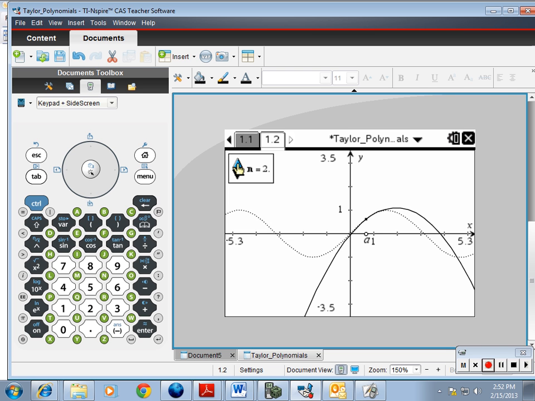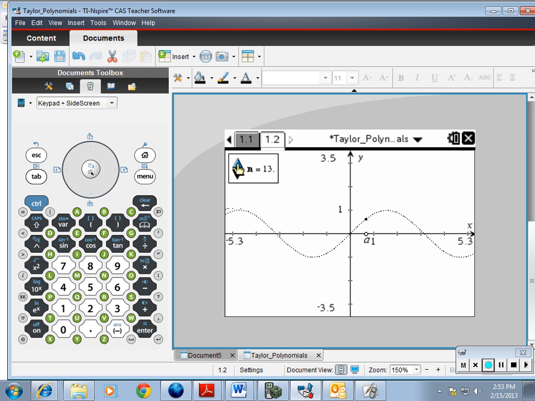It converges on the curve. Watch what happens when I go to 3, 4, 5, 6, 7, 8, and so forth.